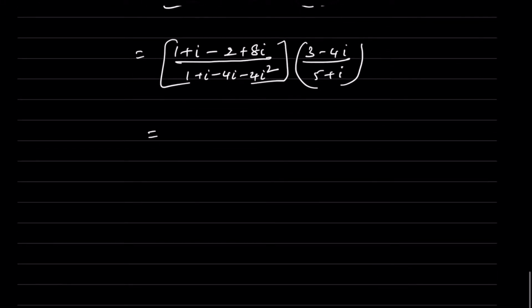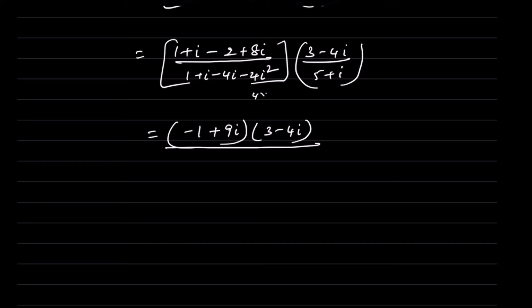So this is equal to 1 minus 2 is minus 1 plus 9i into 3 minus 4i, divided by, in the denominator, 4 into minus 1. Because minus 4 into minus becomes plus 4, it becomes 5 minus 3i into 5 plus i.